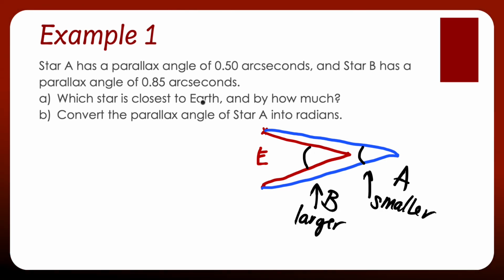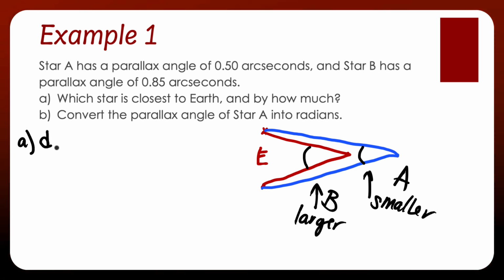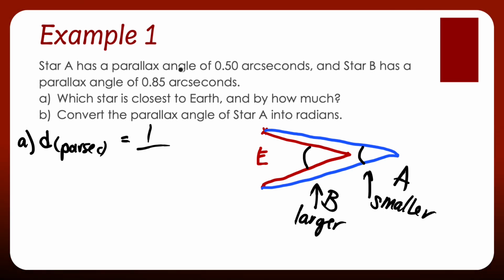Now, it says which star is closest to Earth and by how much. So let's put this into distances. So my distance is going to be in parsecs. I will have 1 over my angle as long as it's in arc seconds, which I have. And so this will be 2.0 parsecs.